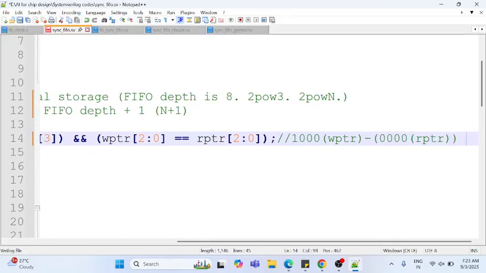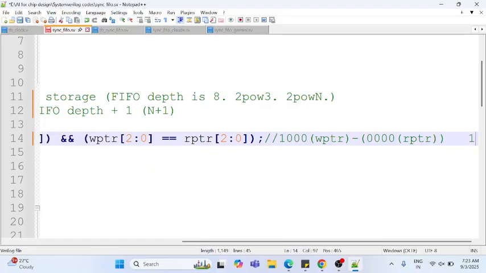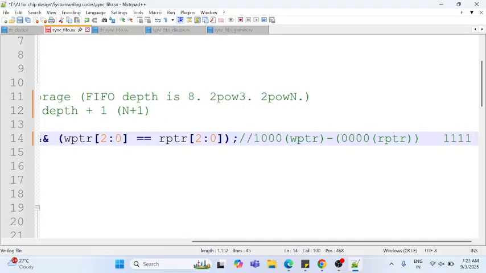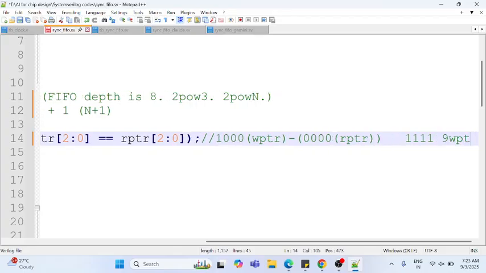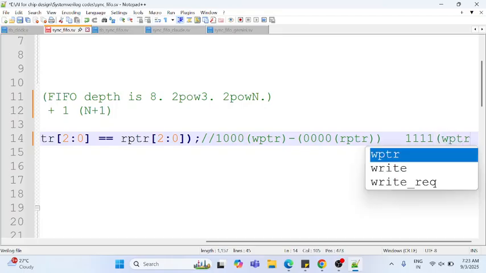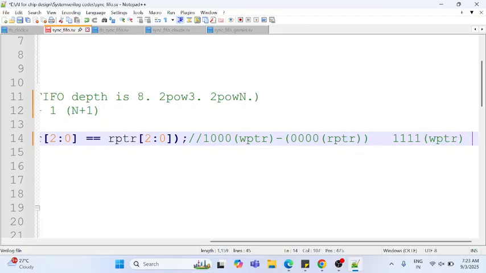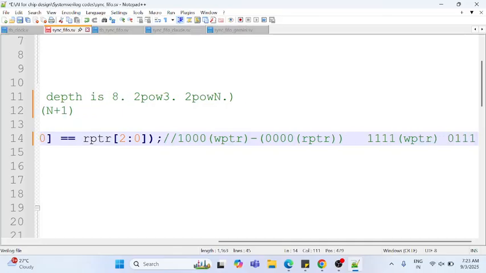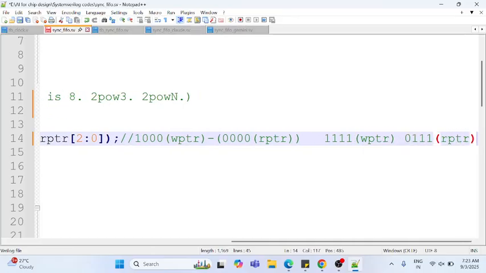This is one condition. Another condition could be 1111 write pointer and then 0111 read pointer.